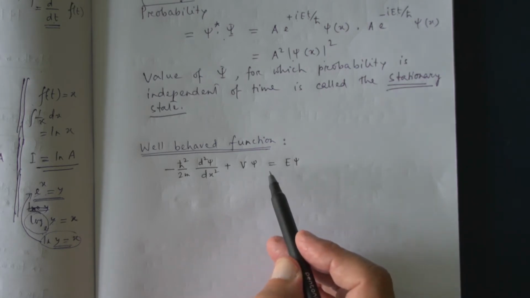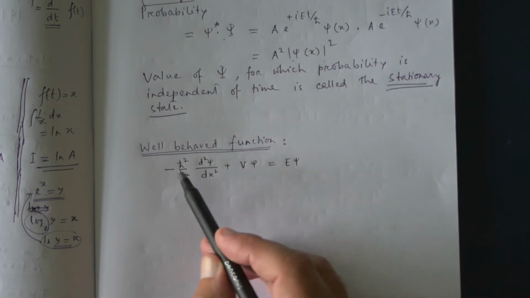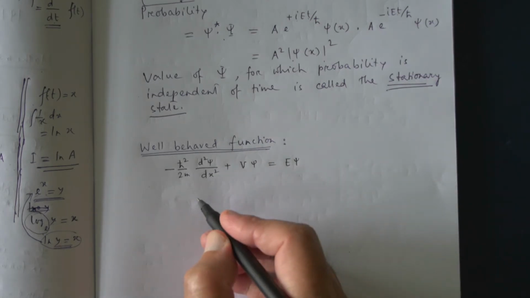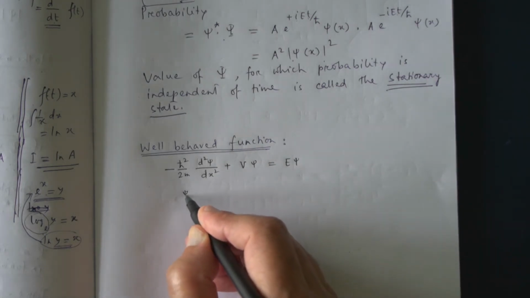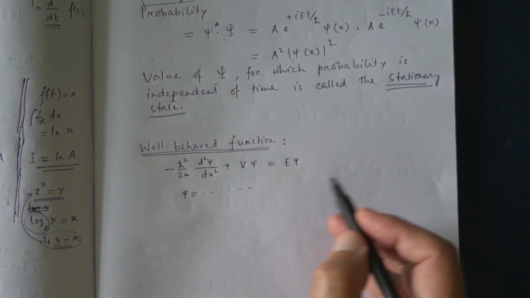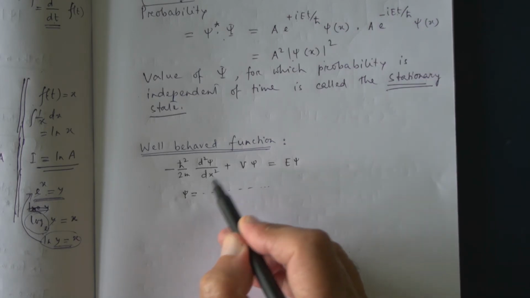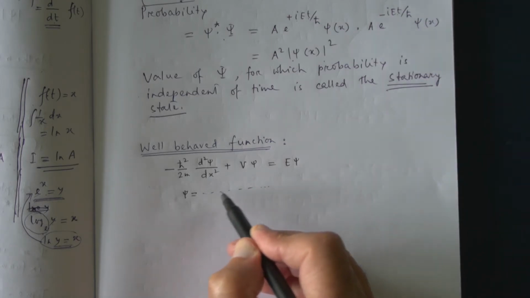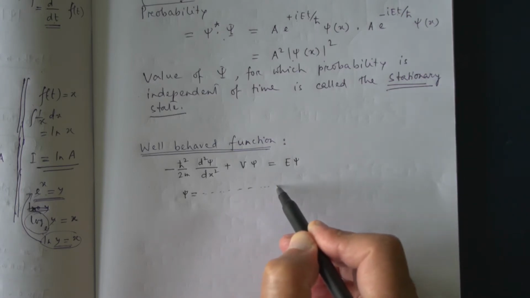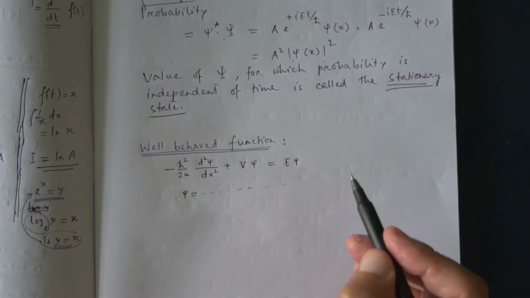Now we can solve this equation. If we solve the equation, we will get the value of psi. But the problem is that psi may have so many values.